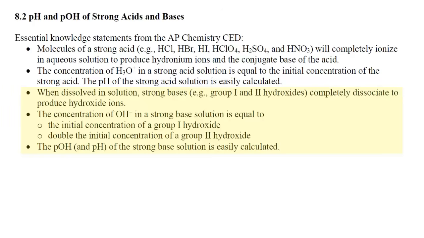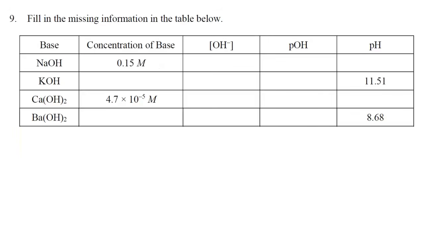So that 2-to-1 ratio would be relevant for such compounds as calcium hydroxide or strontium or barium hydroxide. Finally, the pOH and pH of the strong base solution is easily calculated. Okay, now let's take a look at question 9 in the packet.